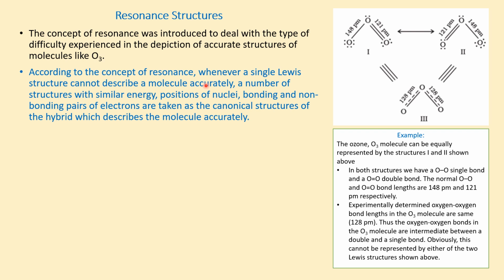Thus, for O3, the two structures shown on the screen constitute the canonical structures or resonance structures and their hybrid.